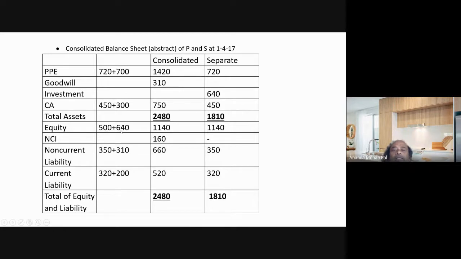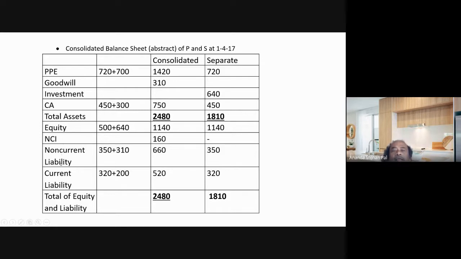So 500 plus 640, total 1140, was the amount of equity in consolidated, and the same is for separate, because whether it is separate or consolidated, it is only the parent's equity that you have taken. And the parent's equity was originally 500 and then they issued 640. Thus the total has become 1140 in both cases. Non-controlling interest, there was nothing in separate, but 160 you have computed and that you put in the consolidated under equity.